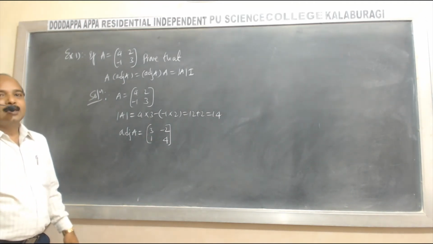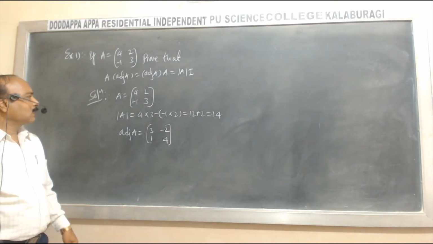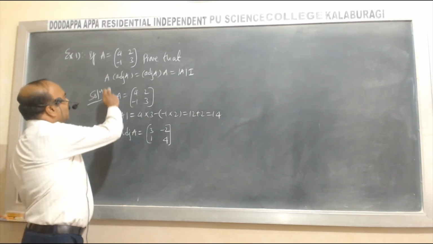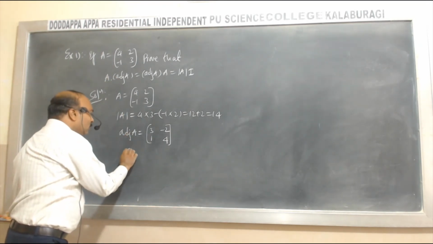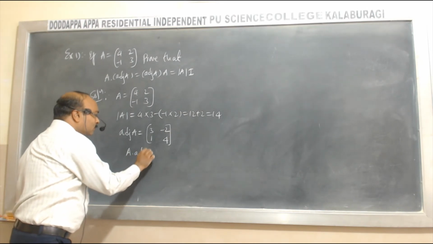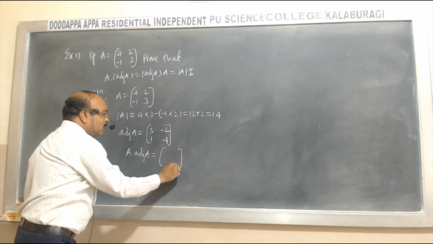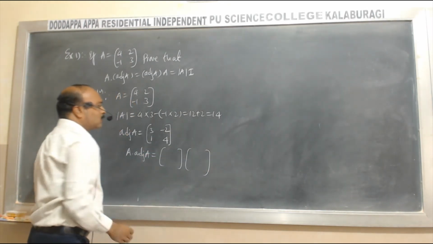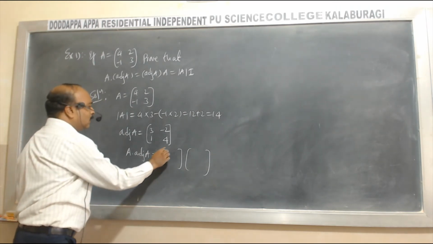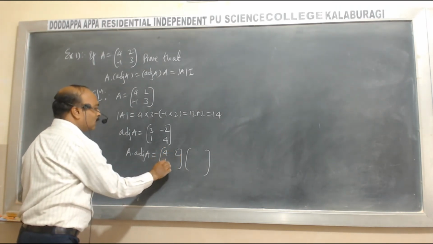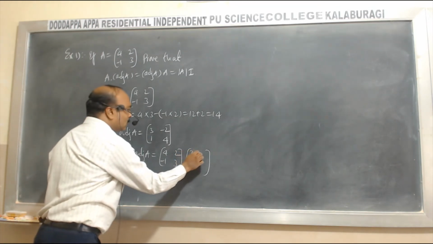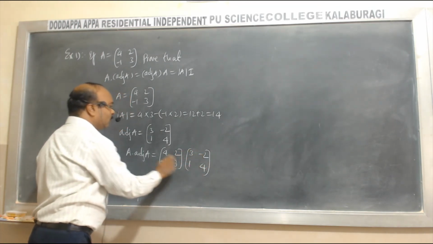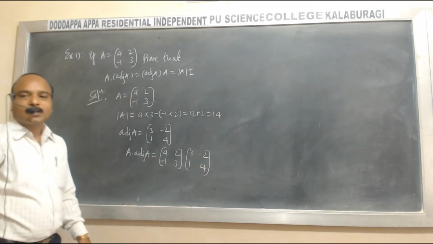It is the adjoint of the given square matrix. Now we go for the first result, A into adjoint of A. First we write matrix A, that is [4 2; minus 1 3] into [3 minus 2; 1 4].